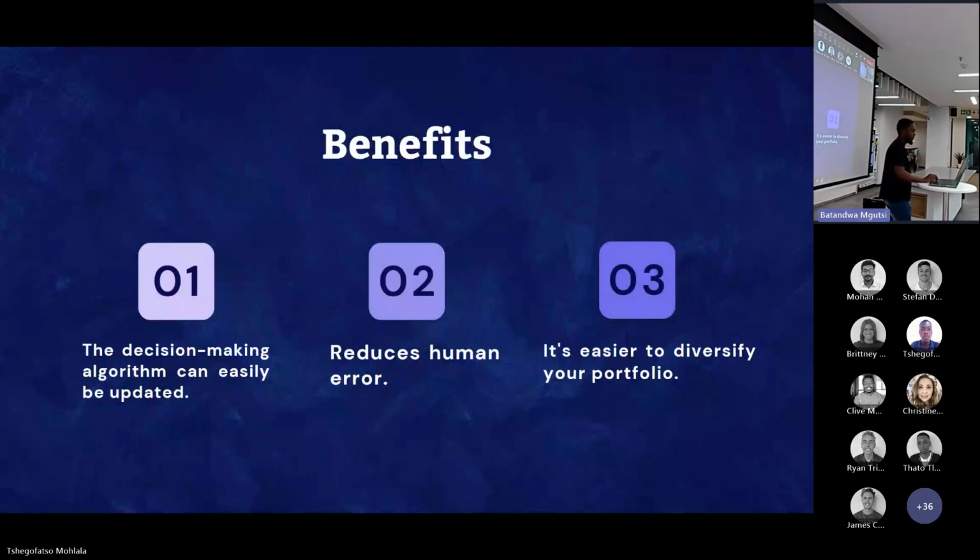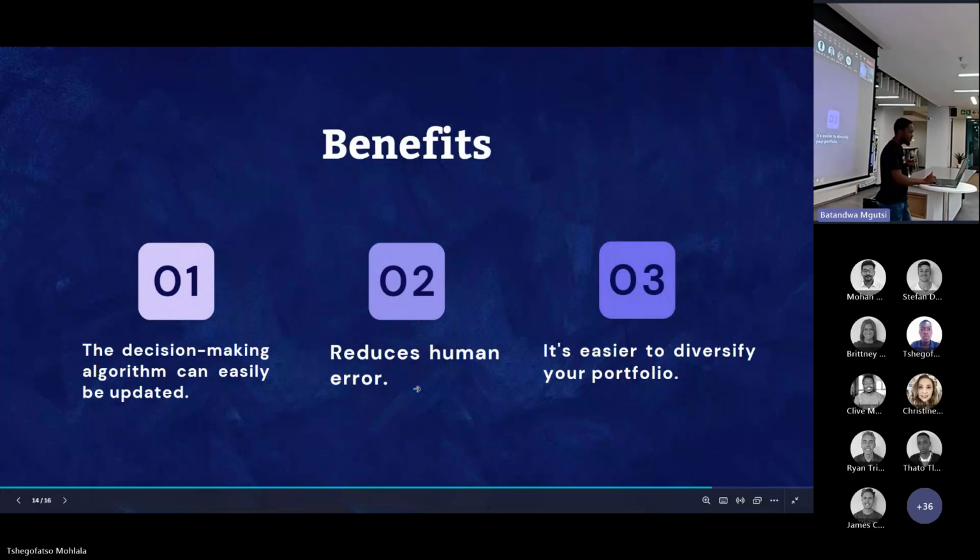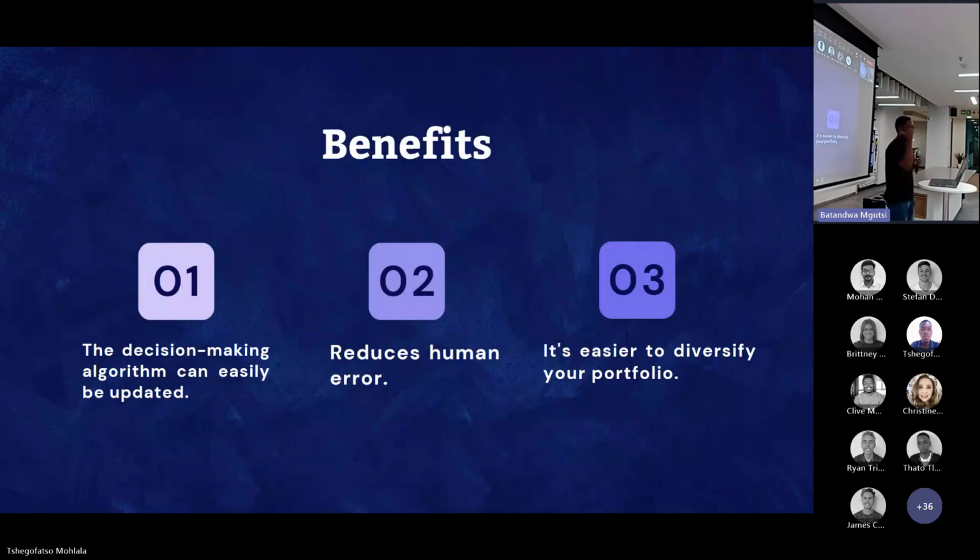Then you can follow that procedure, and it also reduces human error. That includes missing the trends, and if something like COVID happens while you're at work, and your stock portfolio is crashing. It's also easier to diversify your portfolio, because you won't only buy stocks from companies that you've heard about.